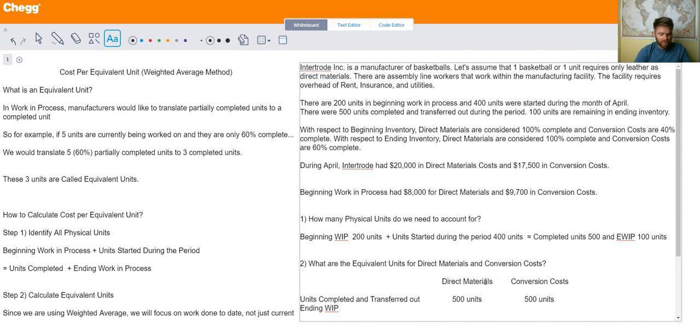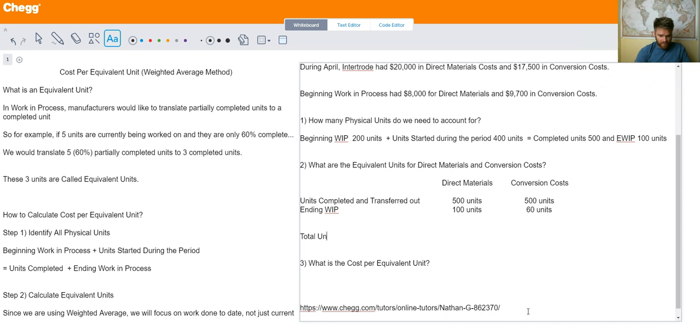So we know that it will be 100 units because 100% times 100 is 100. However, for conversion, a little bit different. It says there's only 60% complete there. So 100 times 60% is 60 units. So total units here, 600 for materials and 560 for conversion.